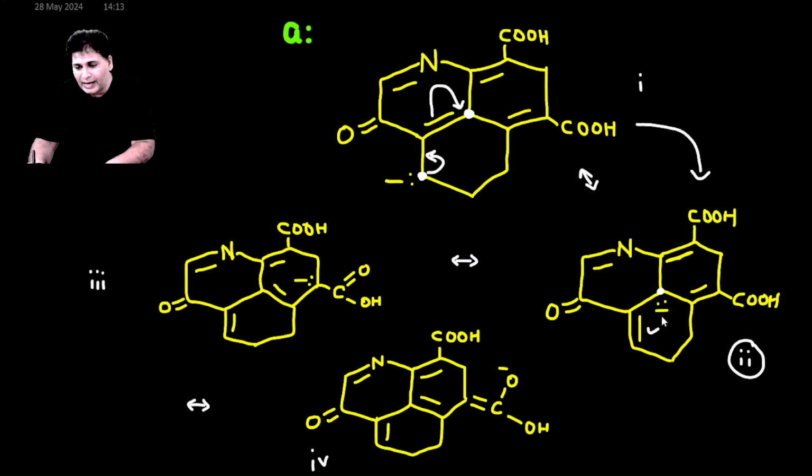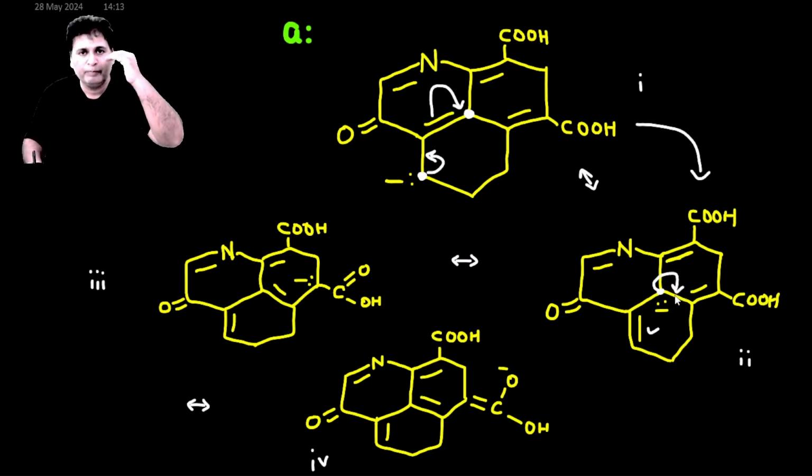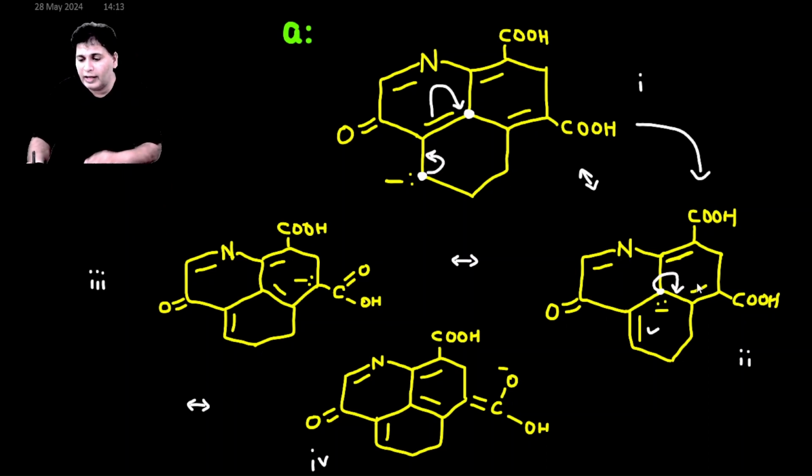How? Minus, single, double. So you found the opportunity. Now you have to make the resonating structure. You have to flow these electrons one position ahead, and the lone pair is now going to make a new pi bond, and simultaneously these pi electrons are going to sit over this carbon.